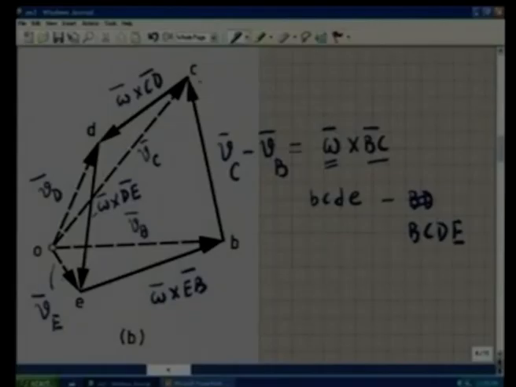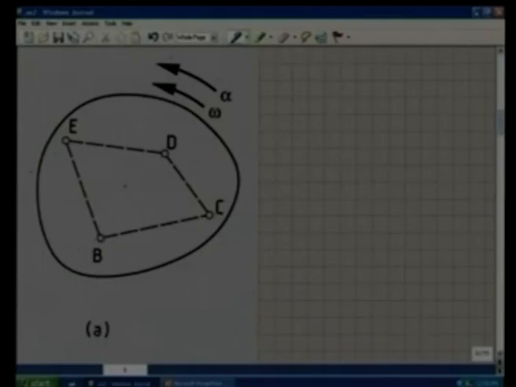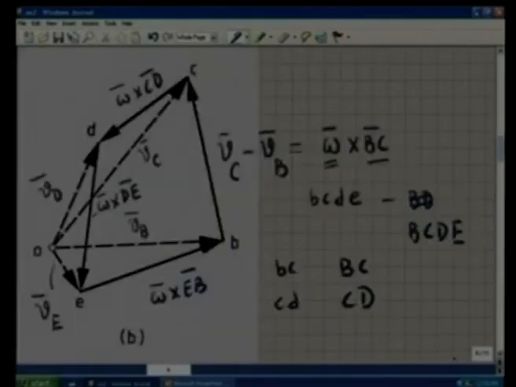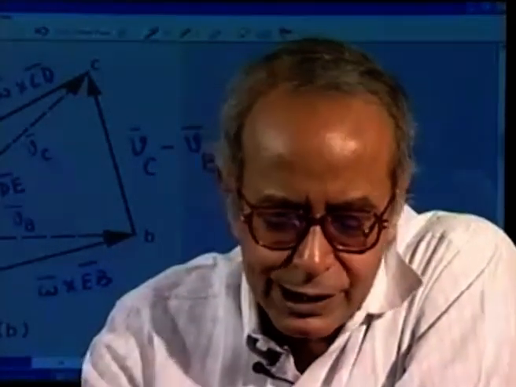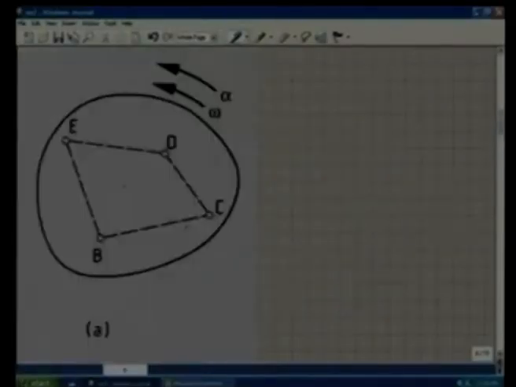So, this figure bcde, each side is perpendicular to the corresponding capital sides, that is bc is perpendicular to capital BC, cd is perpendicular to capital CD, and so on. And this perpendicular is in the sense of omega. So, if we consider this quadrilateral BCDE and the corresponding quadrilateral in the velocity diagram, it is a scale drawing of the original capital BCDE and it is rotated through an angle 90 degree in the sense of omega. If omega is counterclockwise, we can see this bcde to be rotated 90 degree in the counterclockwise sense.